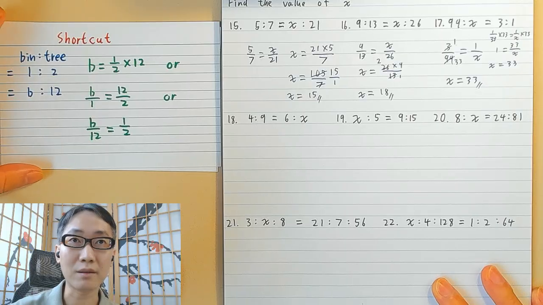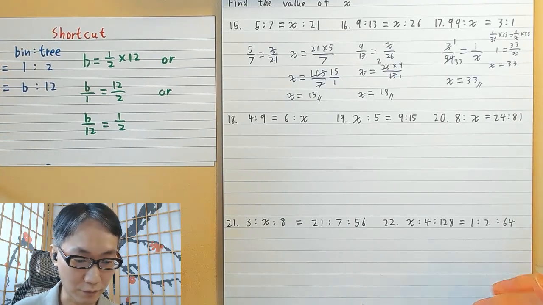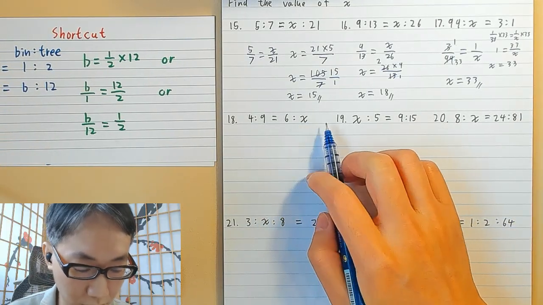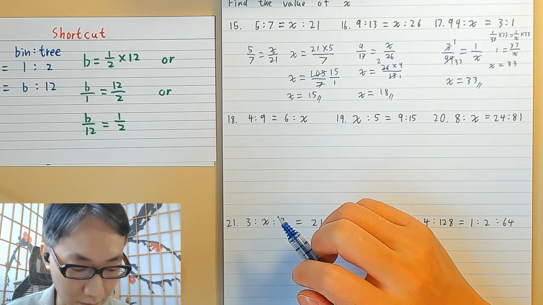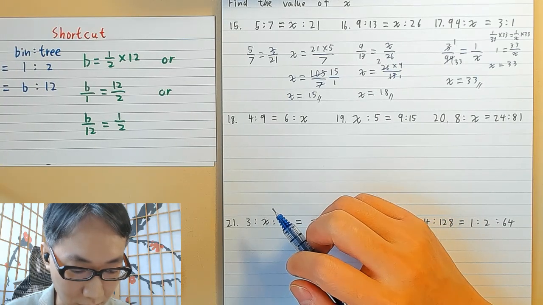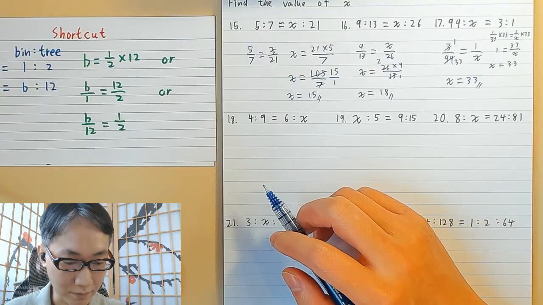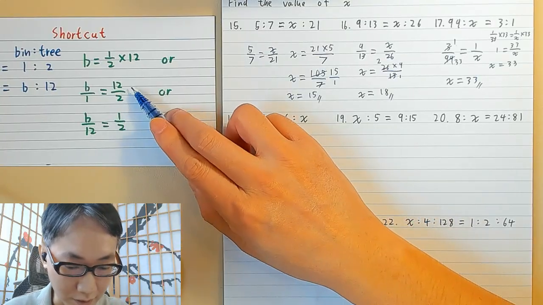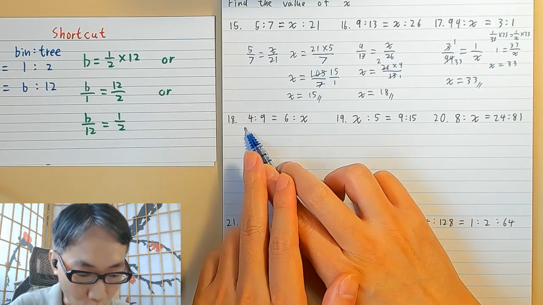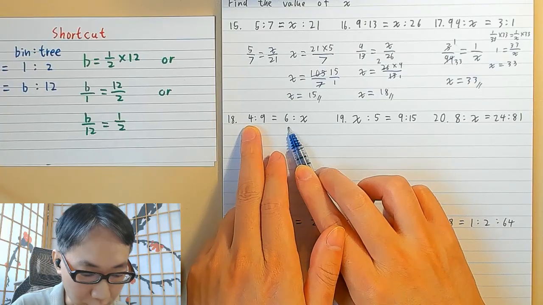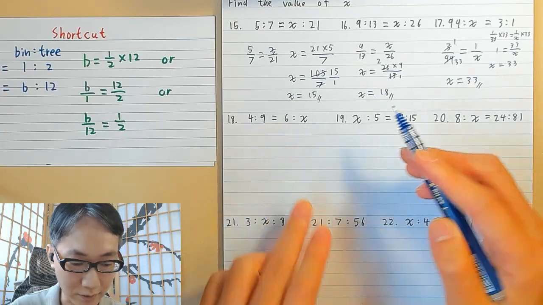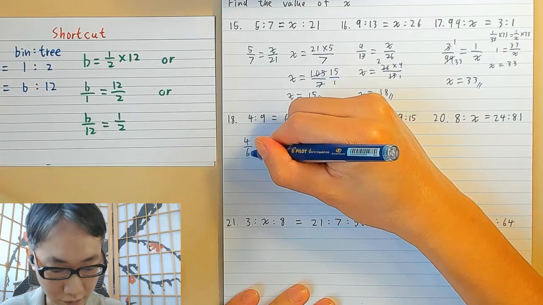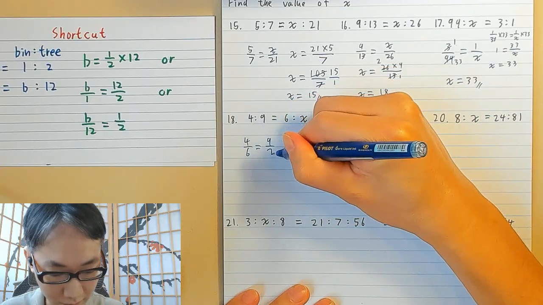Number 18. 4 to 6 is equal to 9 to x. Okay. So this one, we're using this method. So 4 over 6 will be equal to 9 over x.